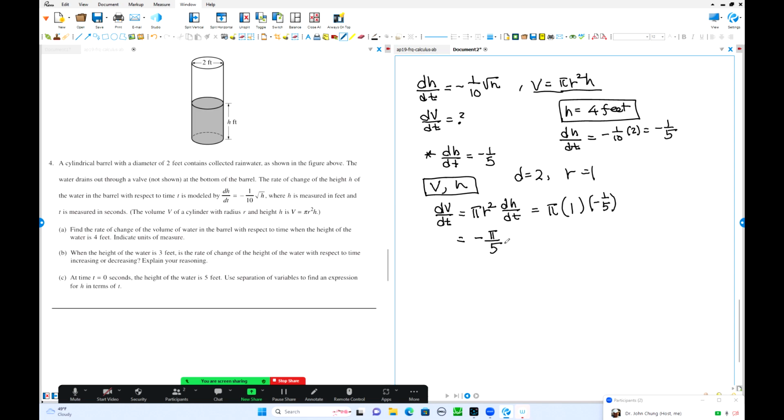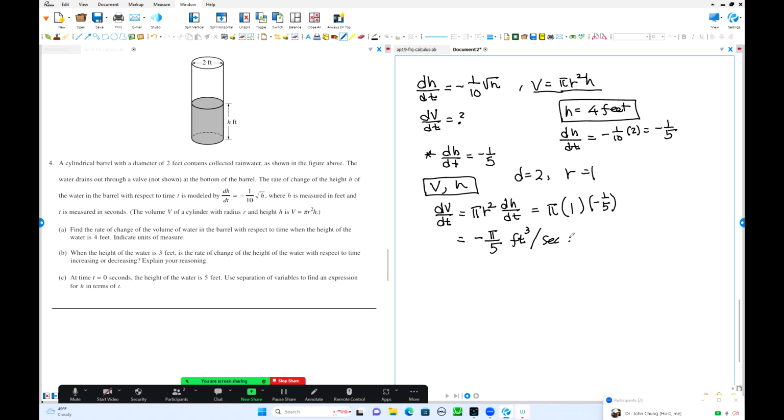But we need a proper unit there, always, don't forget this. Volume is in cubic feet, per time, where t is time in seconds. So the unit is cubic feet per second. That is dV/dt.